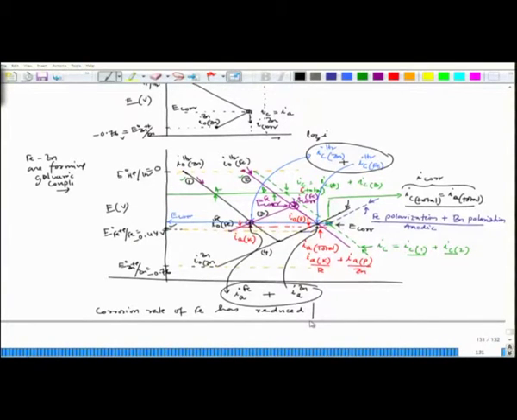And what happens to the corrosion rate of zinc? The corrosion rate of zinc has actually increased when they are combined. The corrosion rate of zinc was at this point, this is I core zinc when they were uncoupled, and this was the value E core when they were uncoupled.